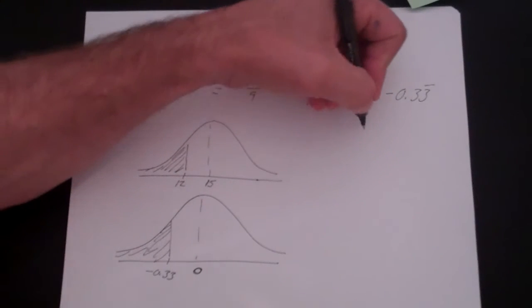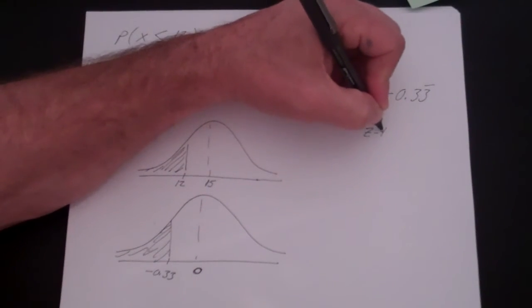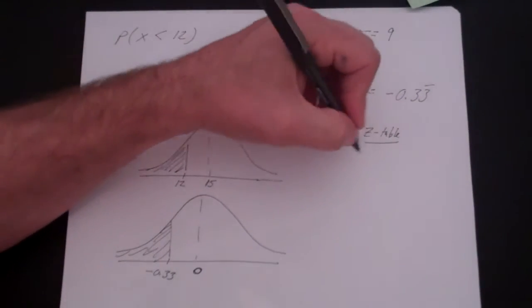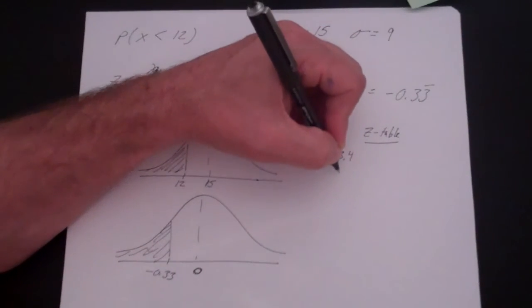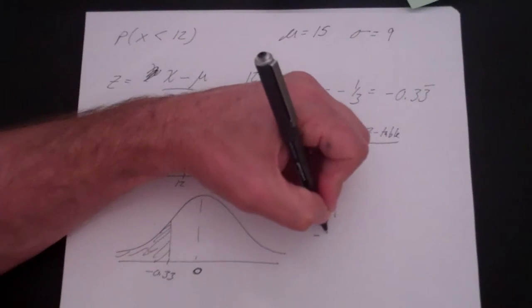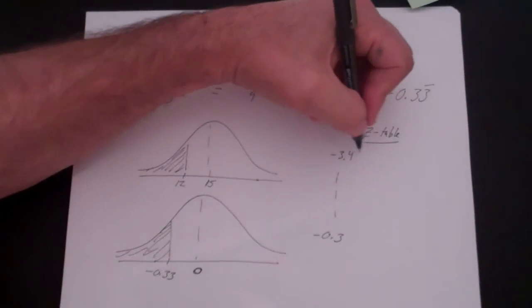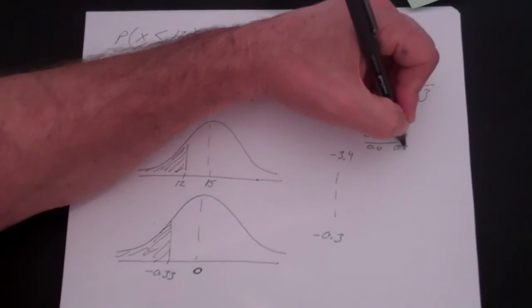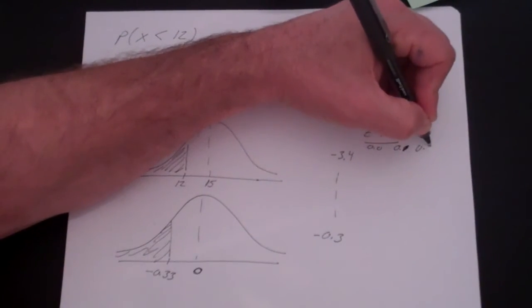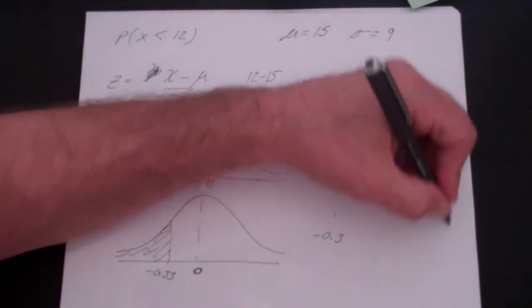So you look at your z-table. You go down here, it starts out at minus 3.4. You go all the way down until it's minus 0.3. And then you come across to 0.00, 0.01, 0.02, 0.03.